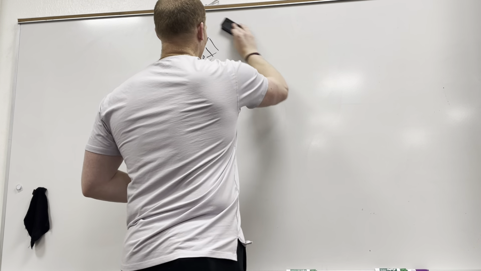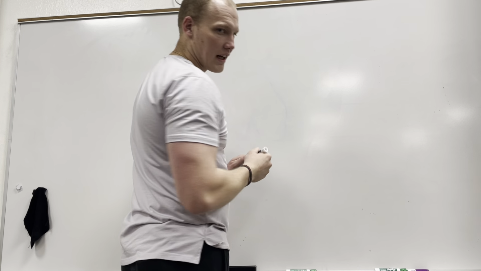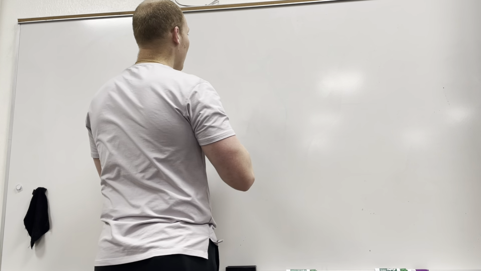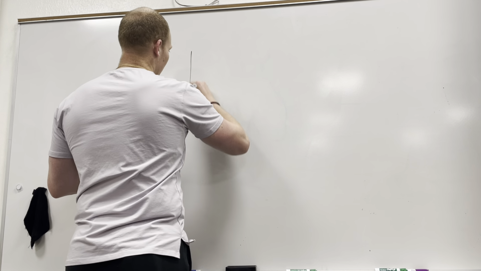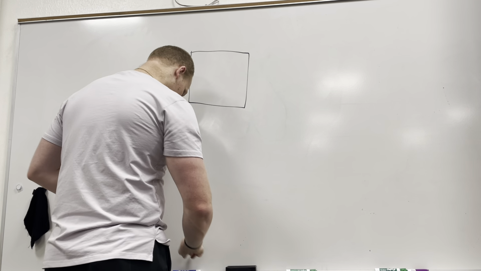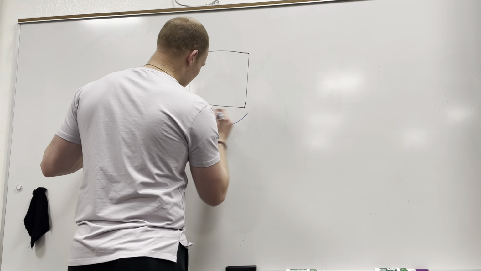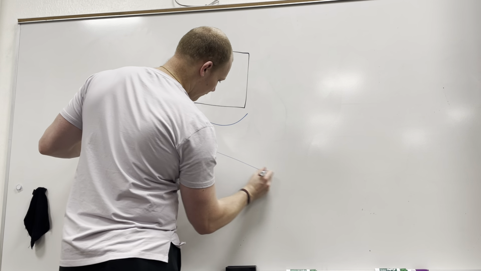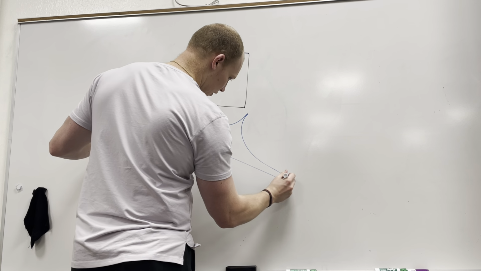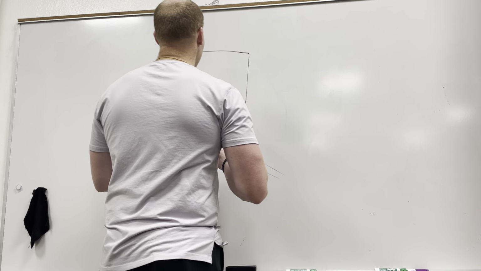I'm not going to get too technical with my cells here. I'm just going to draw a box, simplify the cell. So we have a receptor cell here, and coming off of that receptor cell, we have some sort of nerve cell to send an action potential.